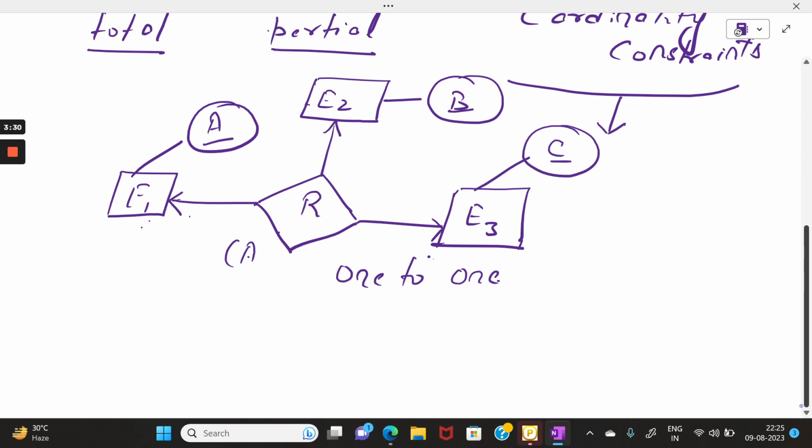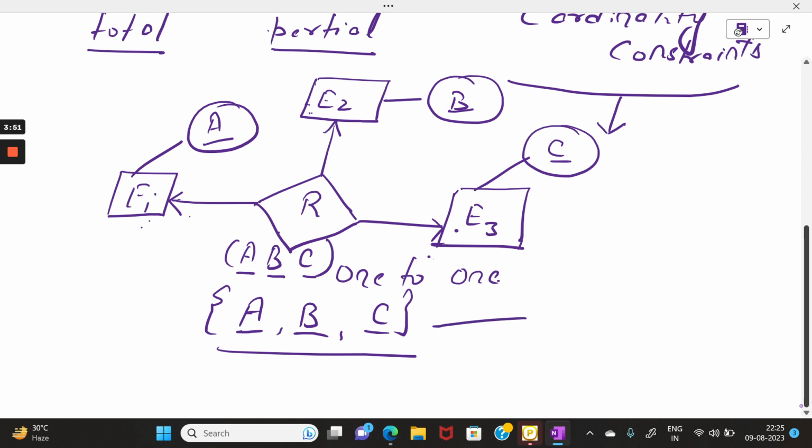So definitely A, B, C will come. Since one entity of E1 is mapped to one entity of E2, and one entity of E2 is mapped to one entity of E3, we have the candidate keys as A, B, C. All these three are candidate keys for R. So this is one determination of the candidate key for the relationship set.